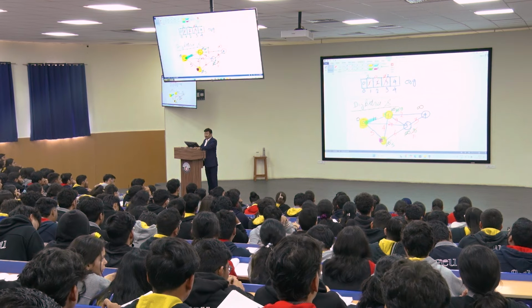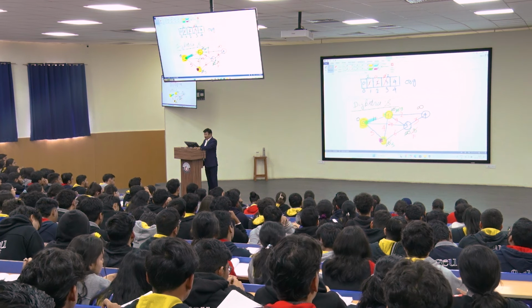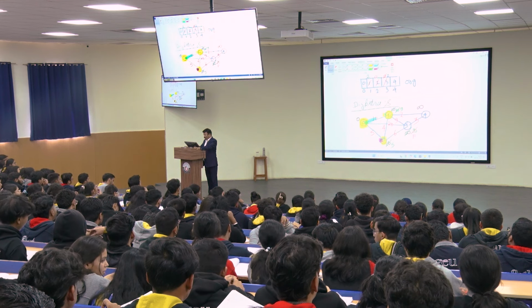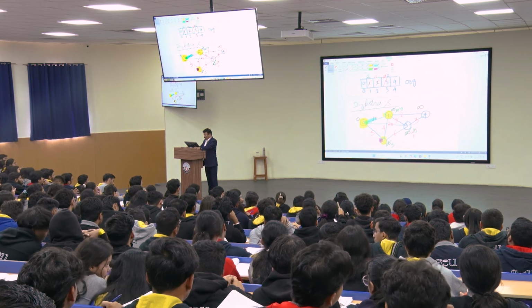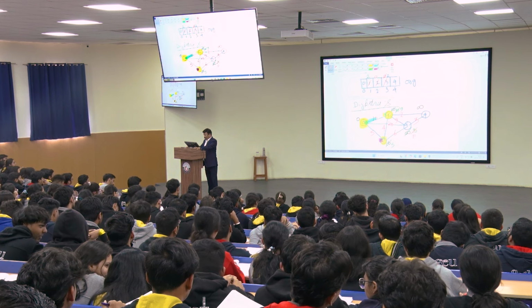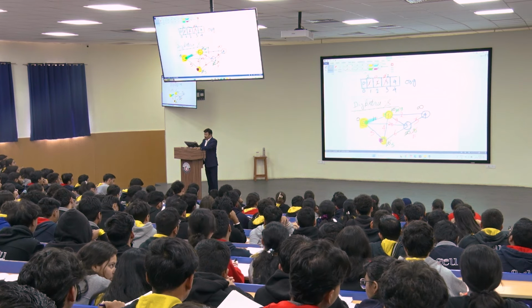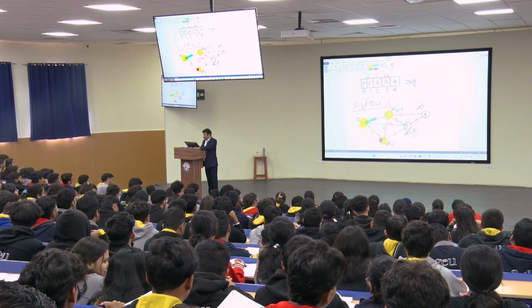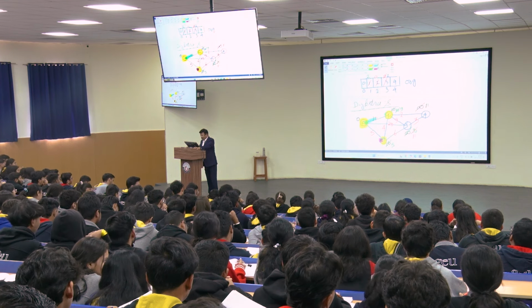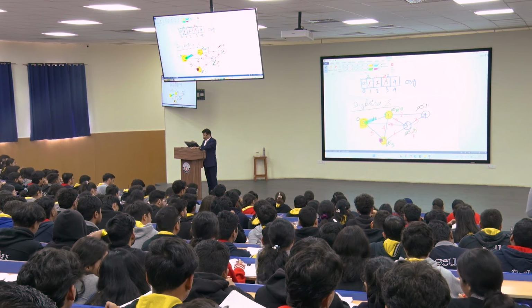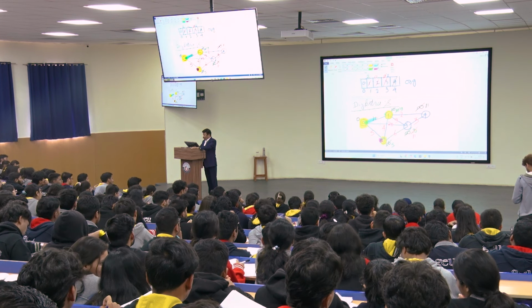I am already sitting at 11, so I will not consider it. Now if I want to go from 1 to 4, what is the distance? Up to 1 is 9 plus 2, that is 11, and 11 is smaller than infinite, so I will be writing 11 here. And I'll update also: I'll say 4, I am reaching from 1.